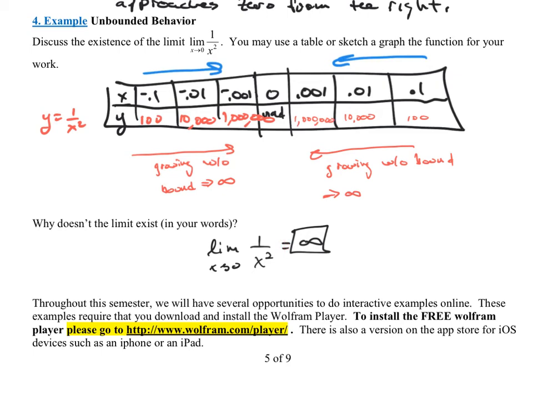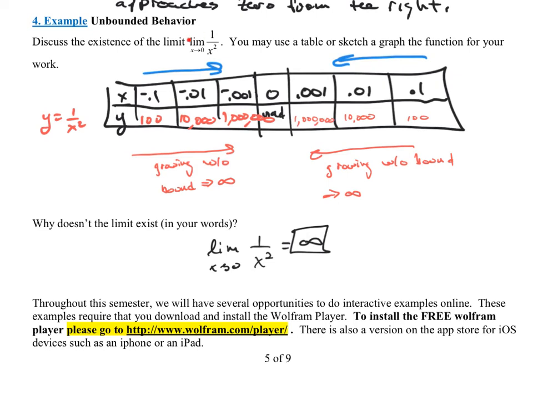And the answer is no here. Infinity is a never-ending number. It's never something that you can actually equal. So what would you say here? You would say it grows without bound, or it approaches infinity. It's a little bit of a bastardization of the equal sign to actually write infinity.